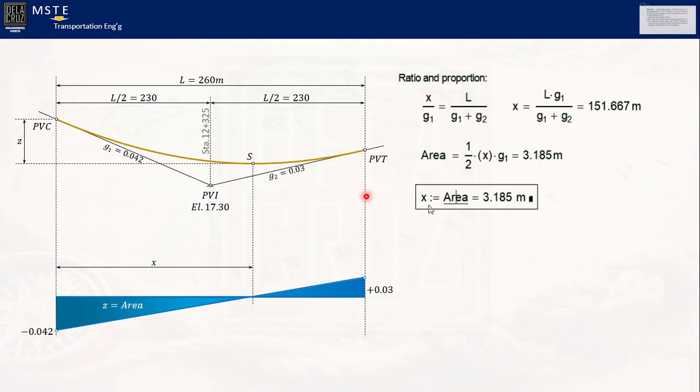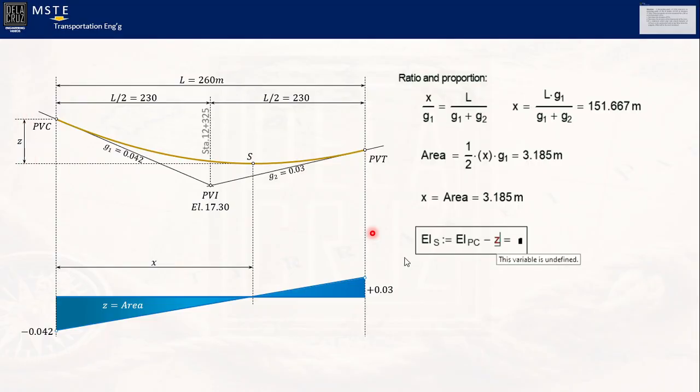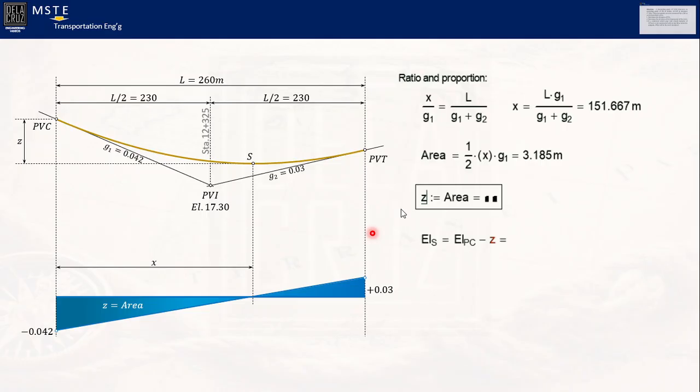Then, the elevation of the lowest point, elevation of station S is equivalent to elevation of PC minus Z, no? Z is equivalent to the area. That is 19.575 meters.